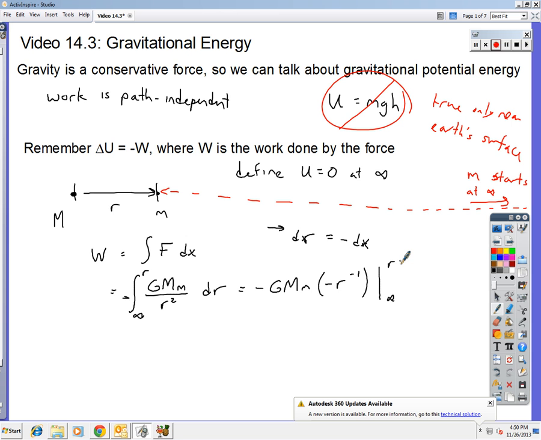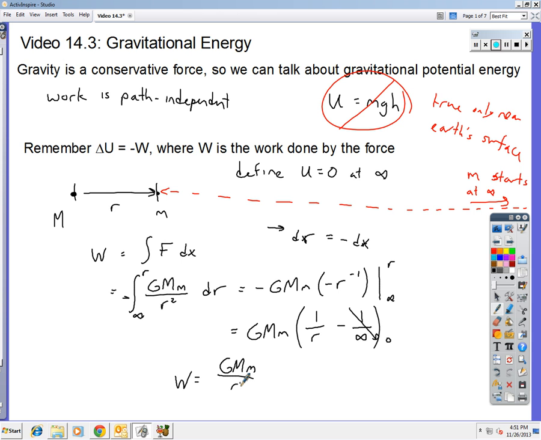So those negative signs cancel out, and we're left with GMm times 1 over little r minus 1 over infinity, but 1 over infinity is 0. And so the work done by the gravitational force is G big M little m over r. And we'll move on to the next page.